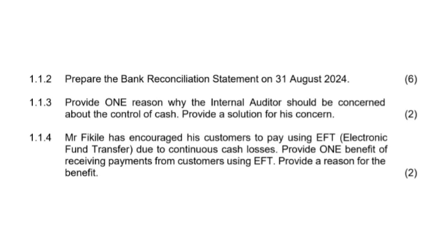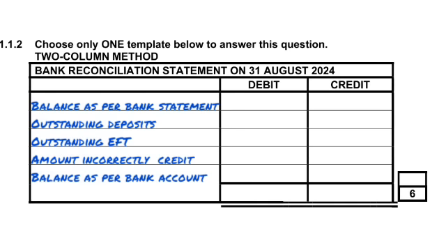In 1.1.2, they are now asking you to prepare the bank reconciliation statement on 31st August 2024. So keep in mind that bank account balance that we just calculated of 3,820, because it's going to be relevant here.